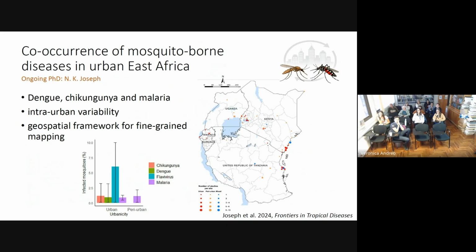So the idea is to see where we have co-occurrence of dengue, chikungunya, and malaria, and look at the intra-urban variability for that. She will do the same kind of work I showed at the beginning of the presentation for Dakar. So trying to map at very high resolution the potential distribution of mosquitoes, the different species, and include also some vulnerability variables to predict the spatial distribution of the different diseases.